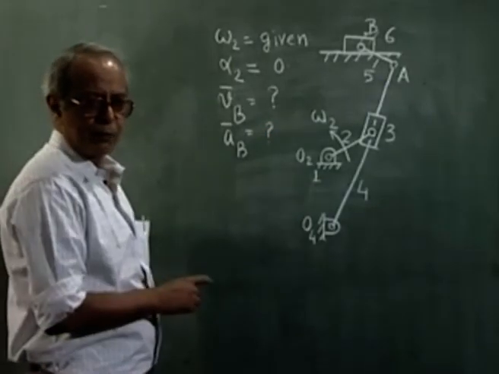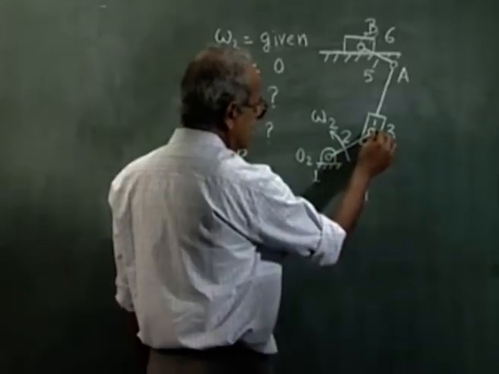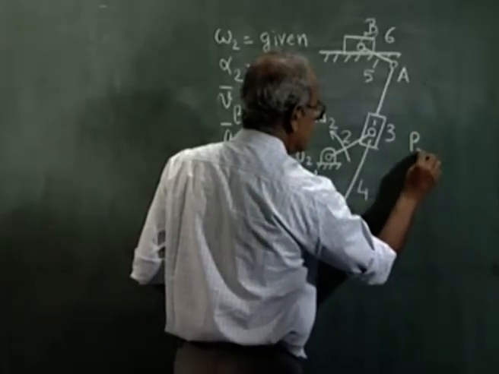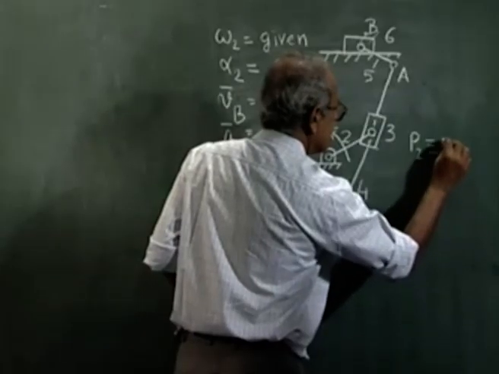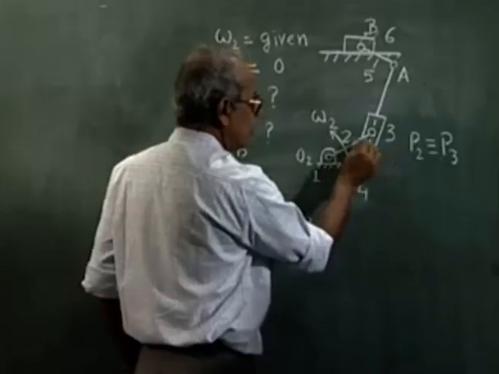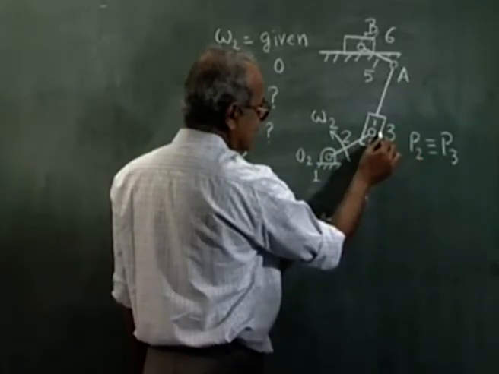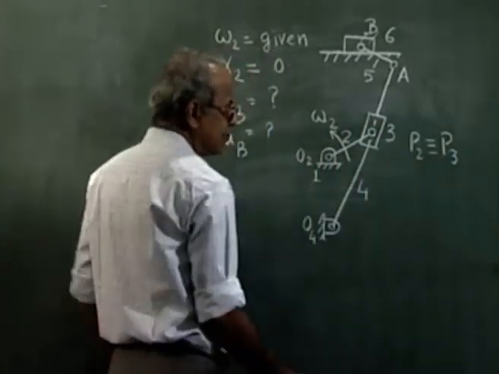To solve this problem, let me first identify 3 coincident points at this block center. P2, that belongs to link 2, which always remain coincident with point P3, which belongs to the block. P2 belongs to link 2, P3 belongs to link 3, but they always remain coincident, so I can write them to be the same point.